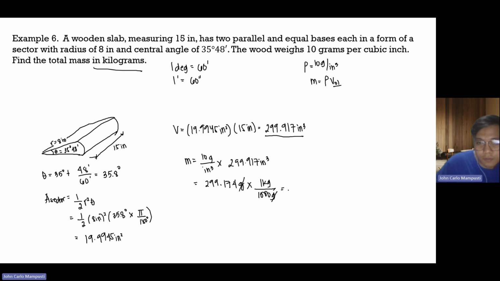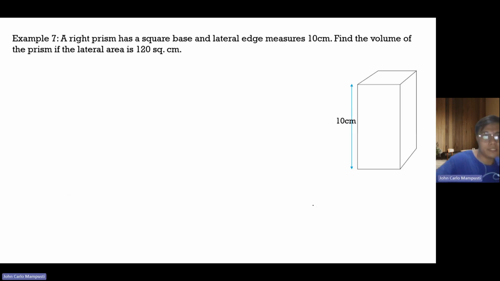Sorry, may kulang tayo, 9. Divide niya lang to ng 1,000, ang lalabas po na answer ay 2.999 kilogram or approximately equal to 3 kilogram. So, this is the answer in example number 6.